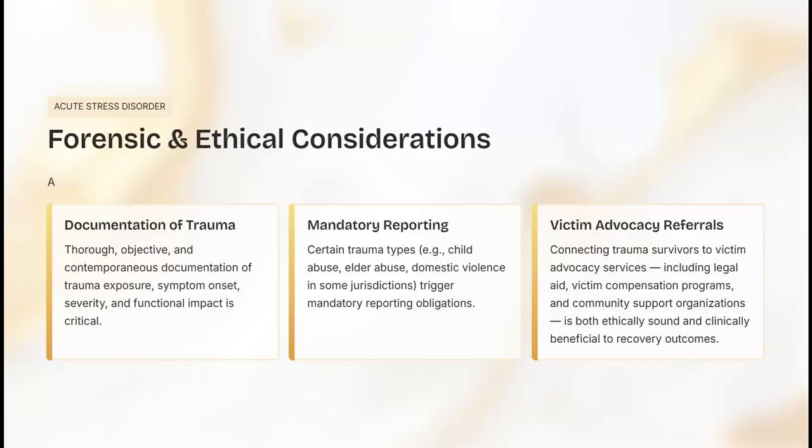Document what you reported, to whom, when, and why. That's going to protect you and the patient. And then connect those survivors to victim advocacy services, legal aid, victim compensation programs, and of course, community support. That's going to help improve outcomes. You should make referrals a standard part of your trauma care plan.